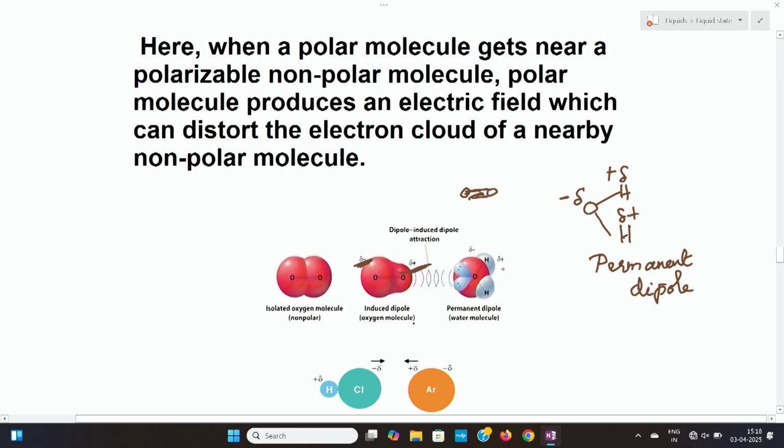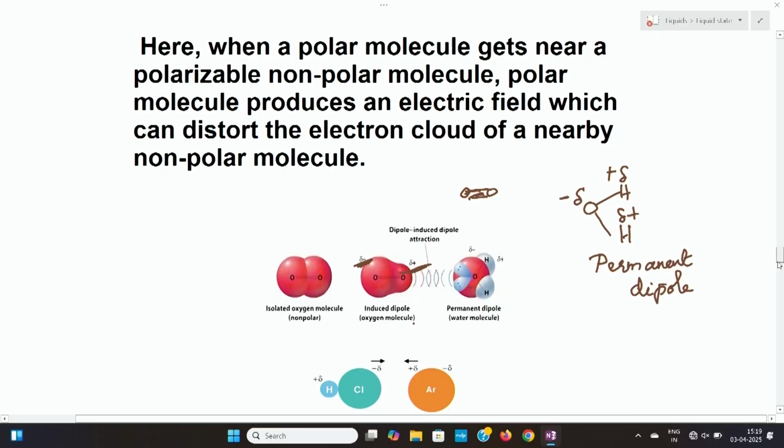Because of the electric field of the water molecule, the electron cloud of the oxygen molecule is getting distorted, and this oxygen molecule is becoming a polar molecule or a dipole molecule. There will be an interaction between this oxygen molecule and water molecule. This is what is happening in the case of dipole and induced dipole interactions.